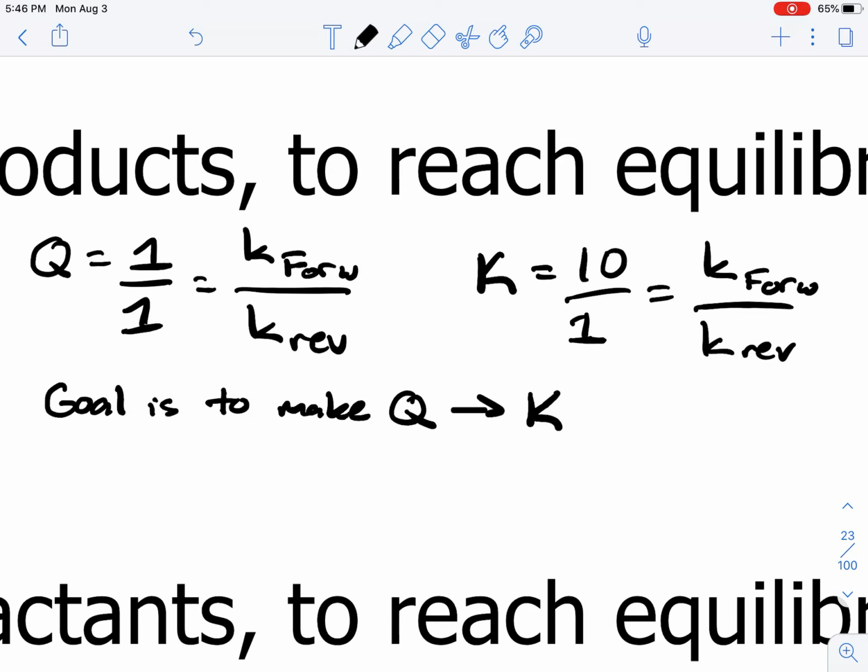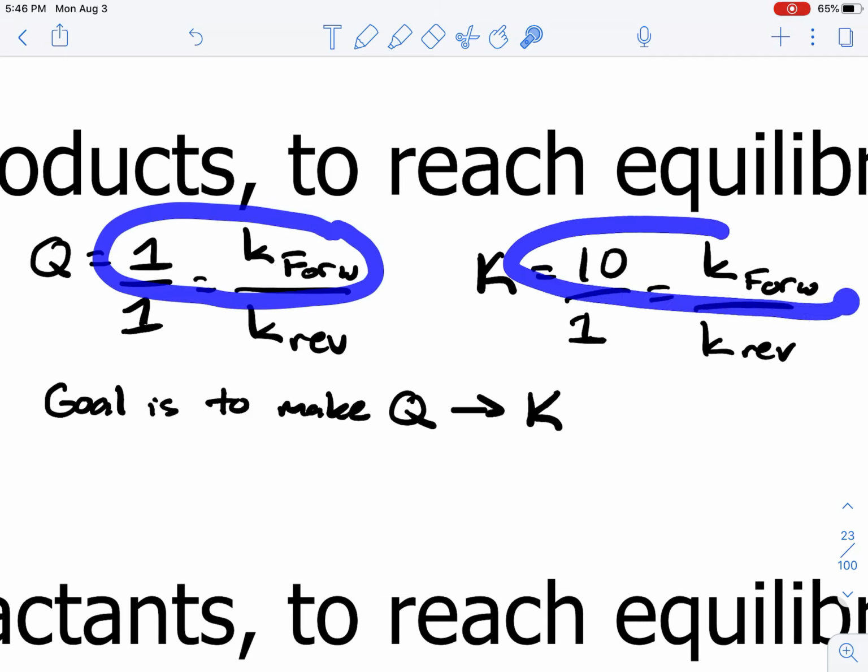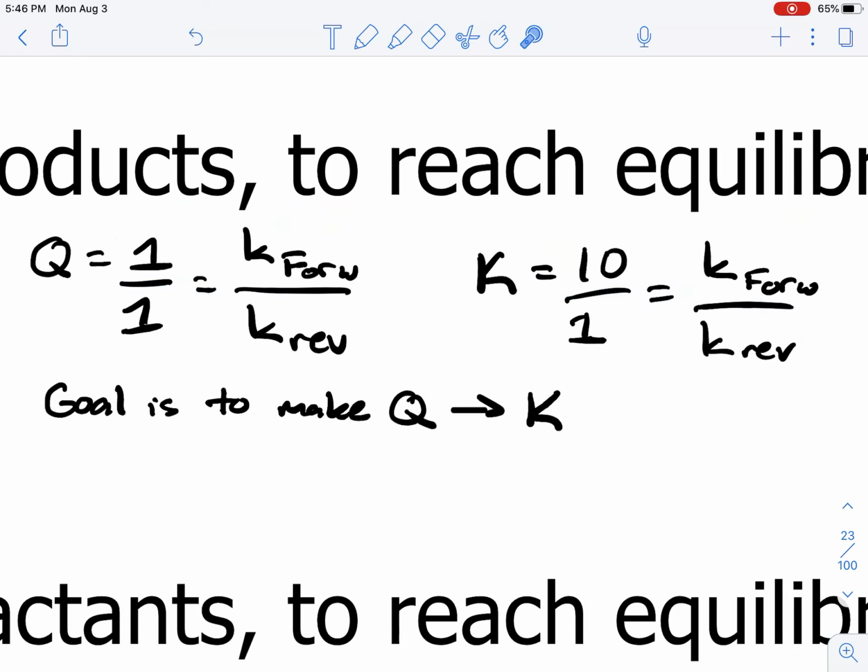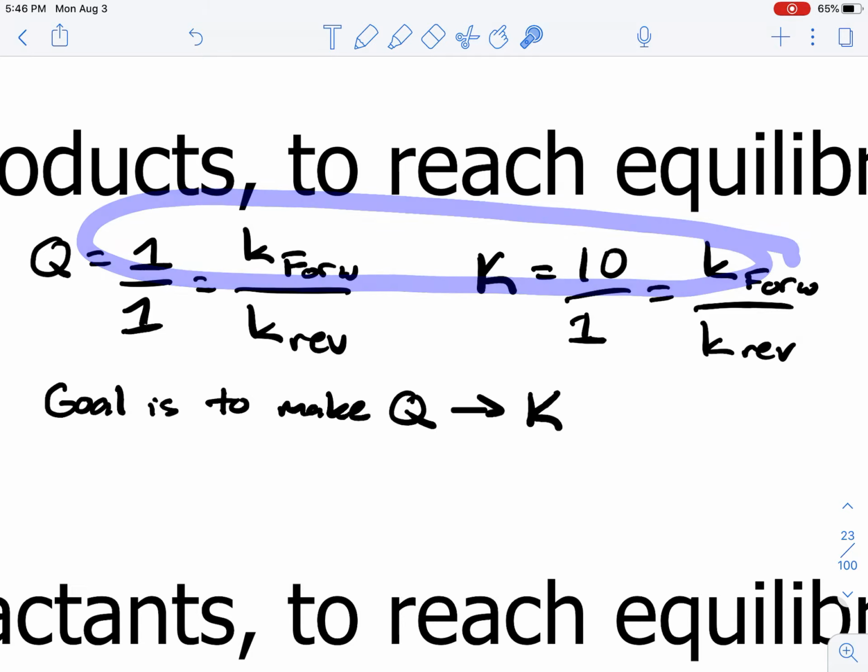And so if you look at the number, so of the rate of the forward, so real quick, once again, this 1 represents the relative rate of the forward, and this 10 represents the relative rate of the forward reaction at equilibrium. And so notice that they are not the same. 1 and 10 is not the same.